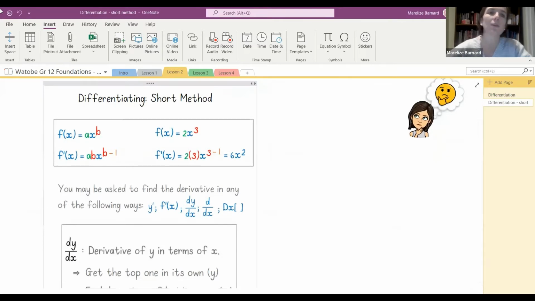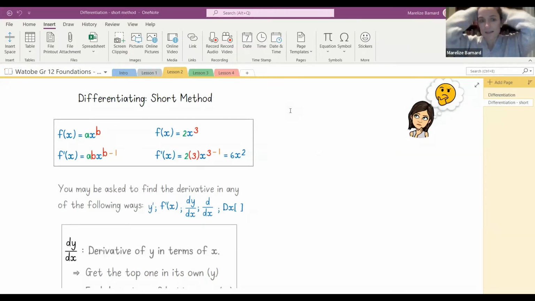Okay, so what do we mean with the short method? When we differentiate, remember from Tuesday's lesson, we talked about what the derivative means. The derivative means the gradient at a particular point. Where we are used to working out the average gradient, we take 2 points and use our normal gradient formula to calculate the gradient between those 2 points.